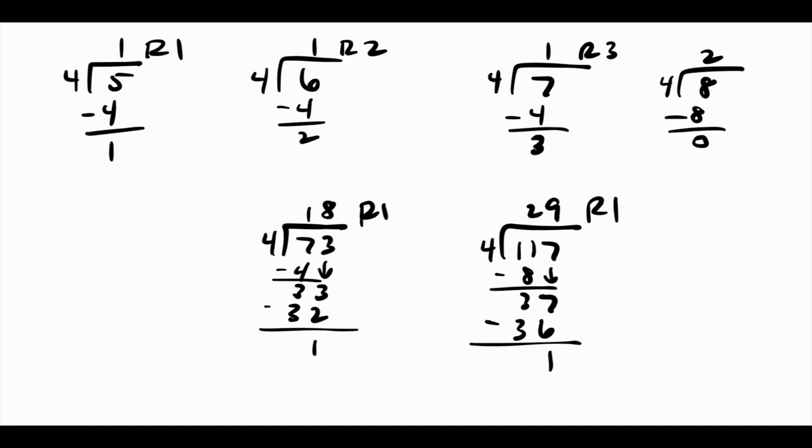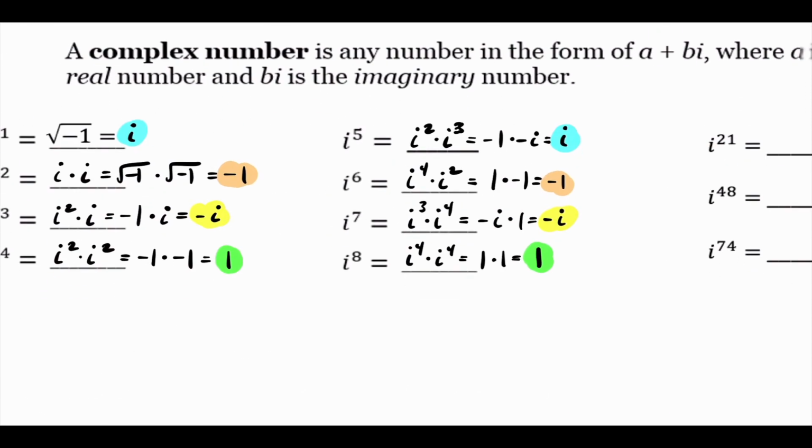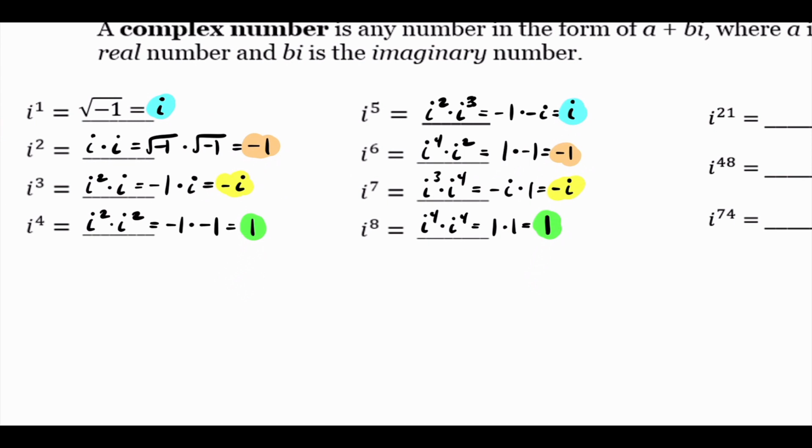When I get a remainder of 1, my answer is always blue. When I get a remainder of 2, what do you think my answer is going to be? Orange. When I get a remainder of 3, what do you think?